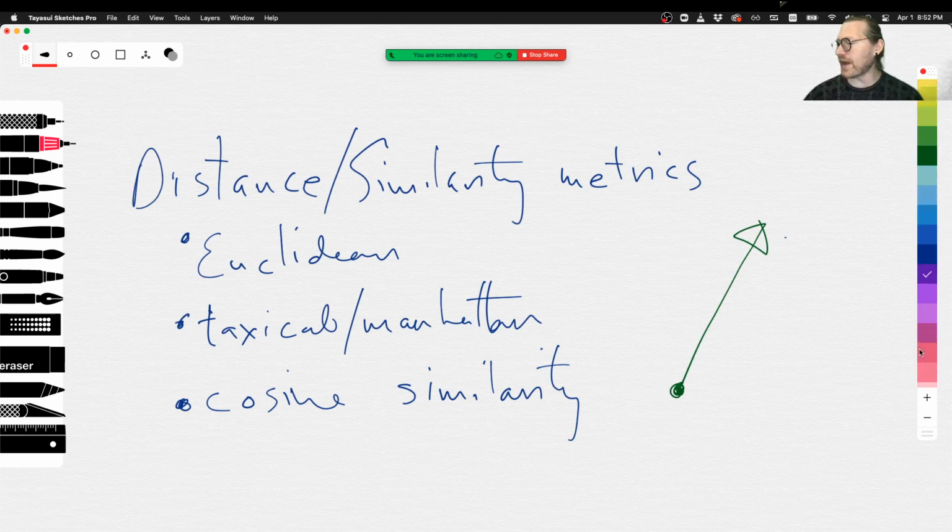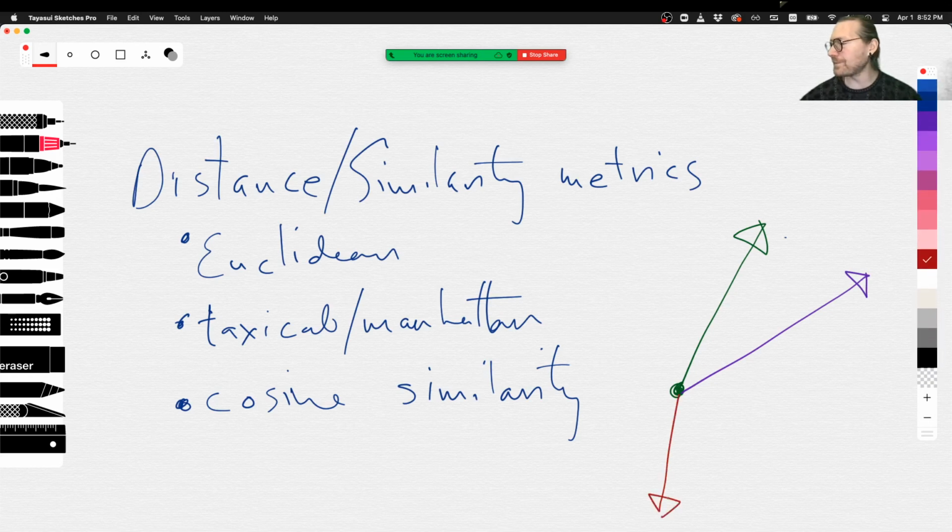If you have another vector that looks like that, and then another vector that looks like that, it turns out that these two are closer to each other than are these two.